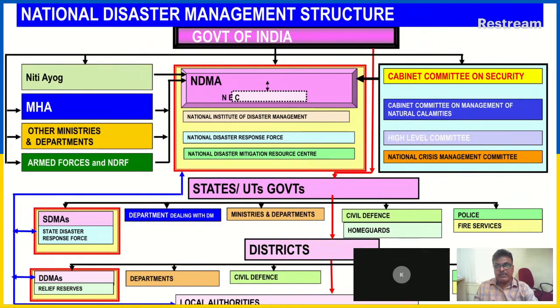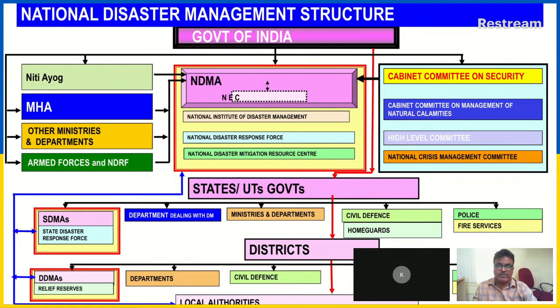At the state level, every state has a State Disaster Management Authority, supported by a State Executive Committee. While NDMA is headed by the Prime Minister, SDMA is headed by the Chief Minister of the state.